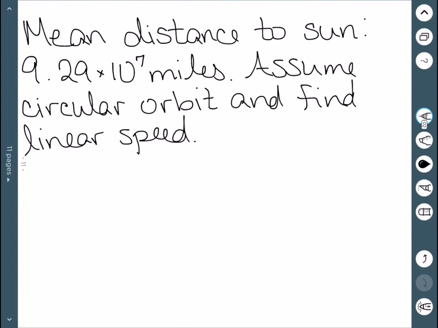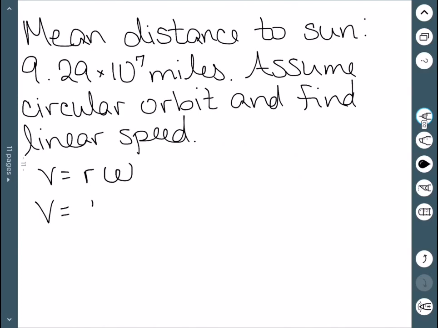Let's consider the Earth and the Sun. The average distance from the Earth to the Sun is 9.29 times 10 to the 7th miles. To simplify this, we're going to assume that the Earth has a circular orbit and find the linear speed. We know that v is equal to r omega.